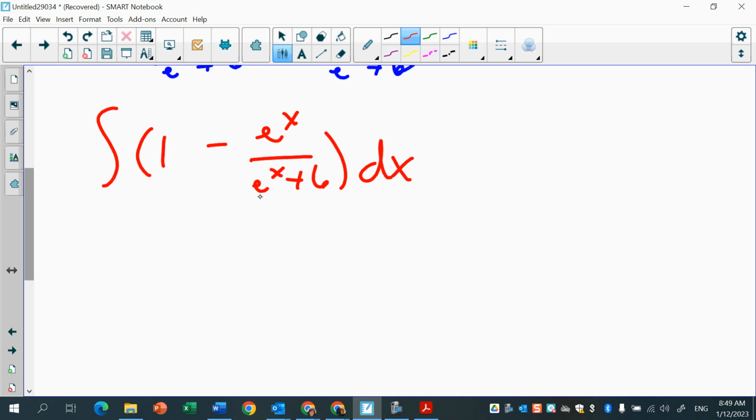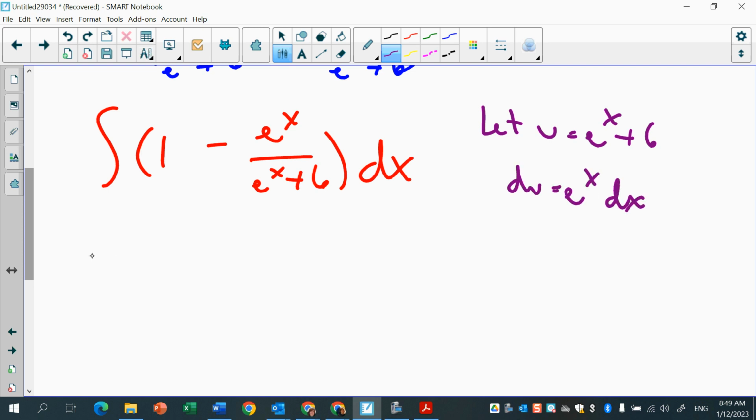The right-hand piece, but it's e to the x. So if you think about it, I'm going to do u substitution now. I'm going to say let u equal e to the x plus 6. Then du is just e to the x dx. Oh, wait, I have that. So I'm going to do the integral of 1 dx minus the integration of 1 over u du.